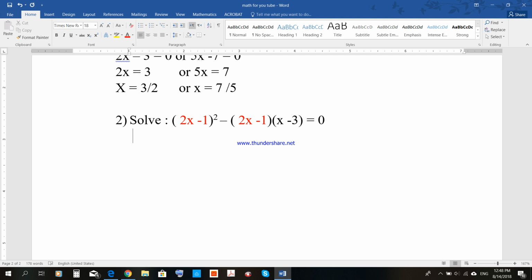We will take the common factor in parentheses. In the parentheses, it becomes 2x minus 1, open a bracket.